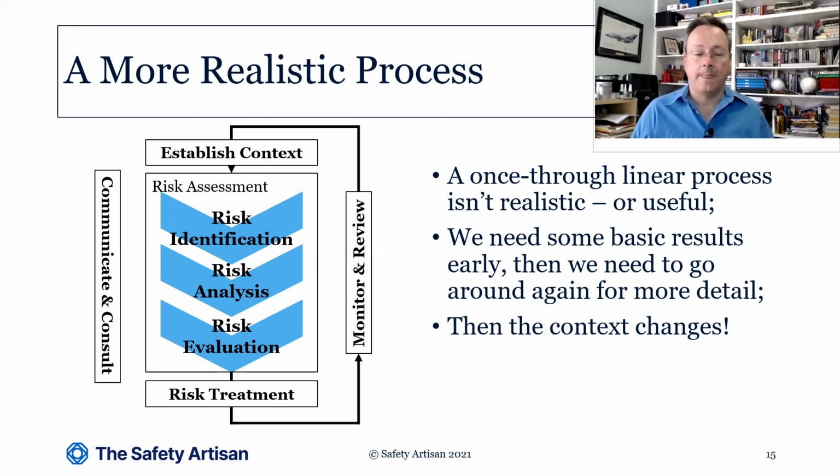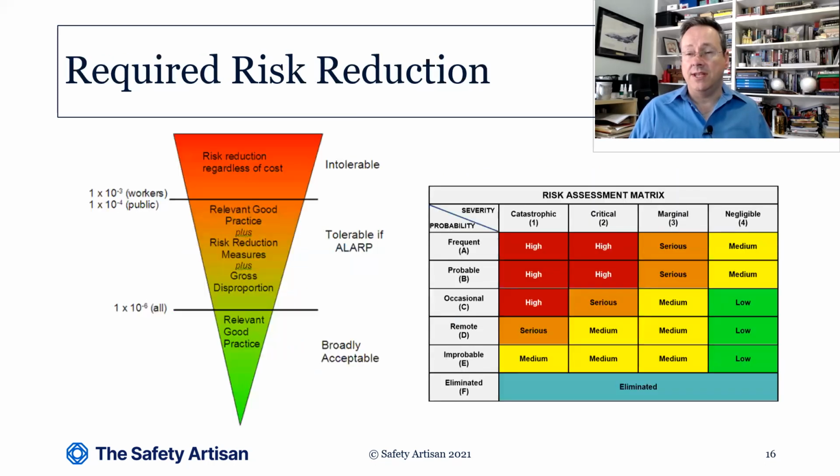Okay. So we're doing all of this in order to drive risk down to an acceptable level. Well, what do we mean by that? Well, there's several different ways that we can do this, and I've got two illustrated here.